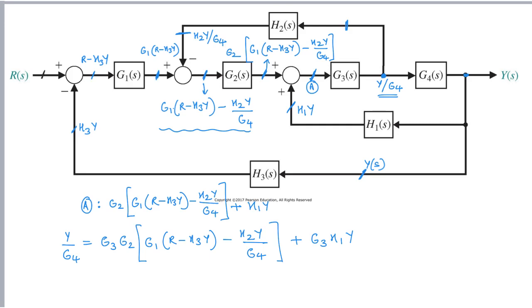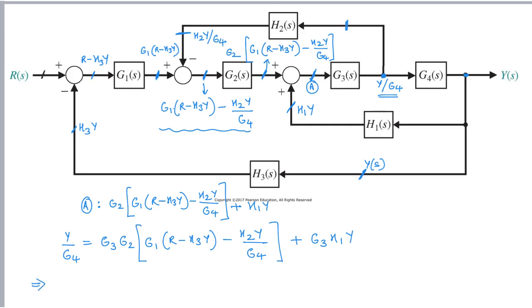Now that we've got this expression, what we basically need to do is reduce it by bringing all the terms associated with Y on one side and all the terms associated with R on the other side. So let's try doing that.